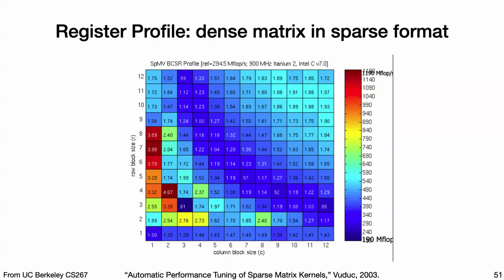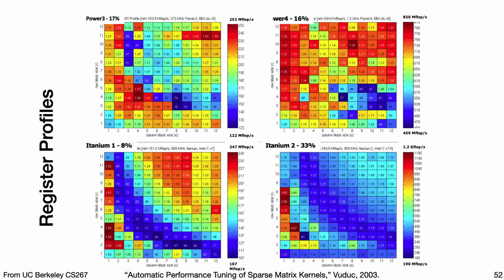So if you want to save it, you can. And this is how they look on the different machines. The actual numbers are not super important at this point, but the point is that they look different depending on the machine. So running it once on one machine does not tell you anything about how it will look on another one.